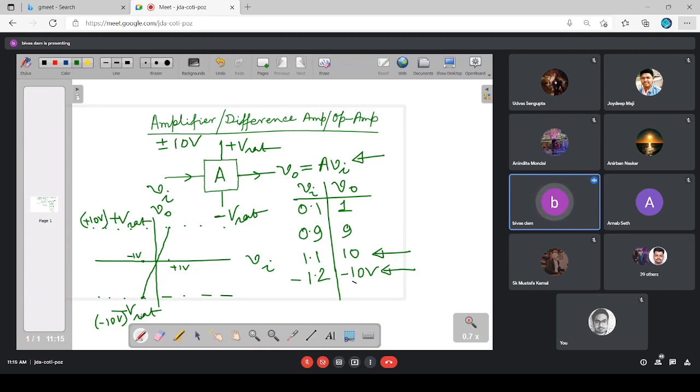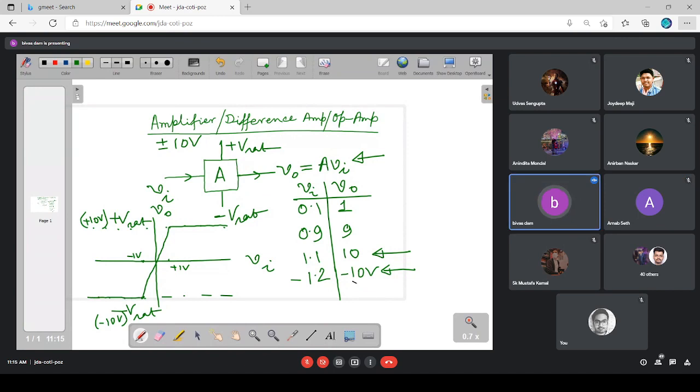Assume that this is a straight line. And beyond this plus 1 volt, when the input is more than plus 1 volt, the output will remain at 10 volt.